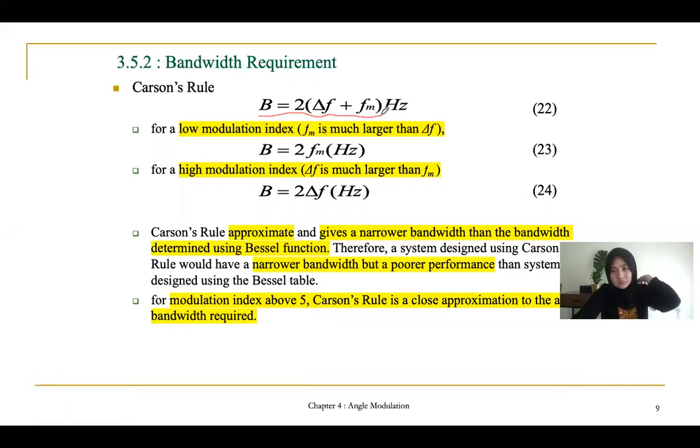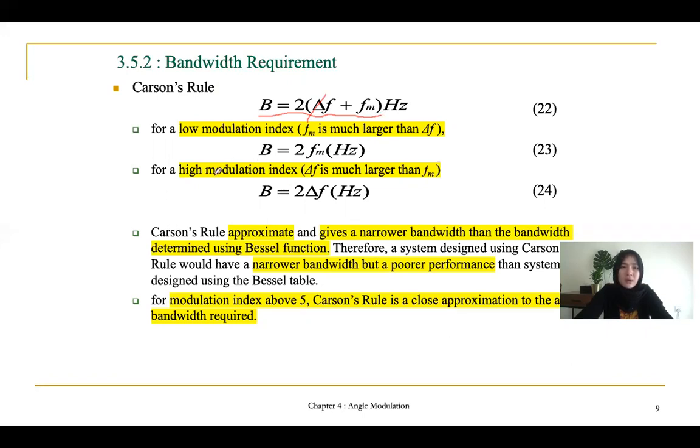However, for a low modulation index, we know that the modulating frequency is much larger compared to delta F. Since Fm is much larger than delta F, we can ignore delta F, and your bandwidth will become B equals 2Fm. This is for low modulation index.